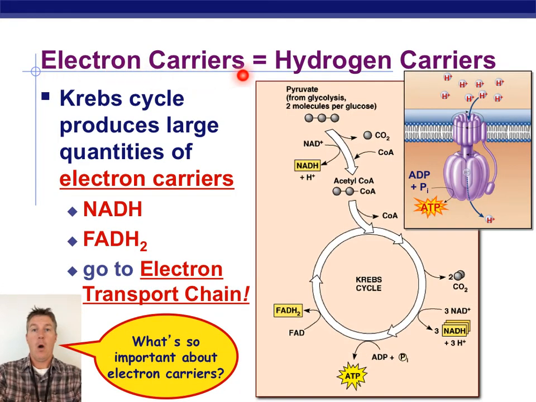These electron carriers are actually hydrogen carriers. They're carrying hydrogen atoms, and regardless of the type, these are just two chemically different molecules that are each going to act on their own specific substrate later on in the electron transport chain. And there we're going to harvest a lot of energy from these electron carriers.